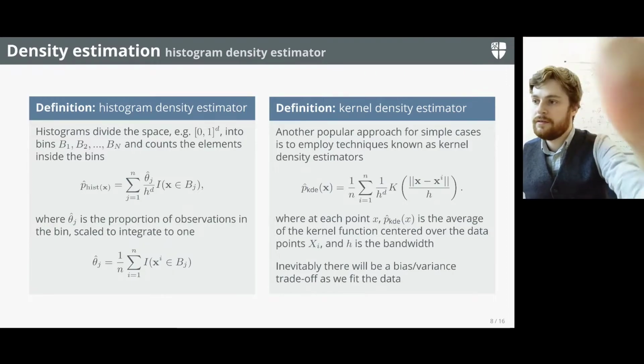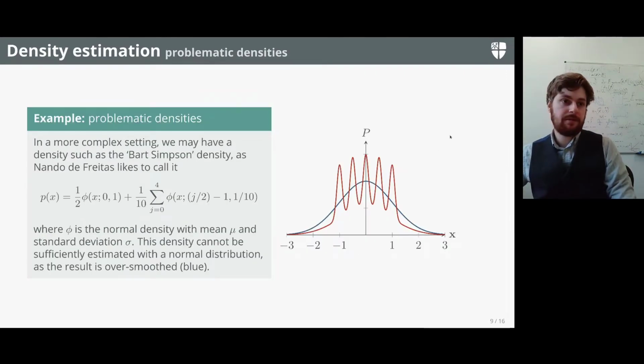Okay, so this is a really nice example which shows this problem. Here's a really nasty distribution, which is a good example to use if you're building a density estimator, theoretically. Nando de Freitas likes to call it the Bart-Simpson density, the one shown in red. This distribution cannot sufficiently be estimated with a normal distribution.